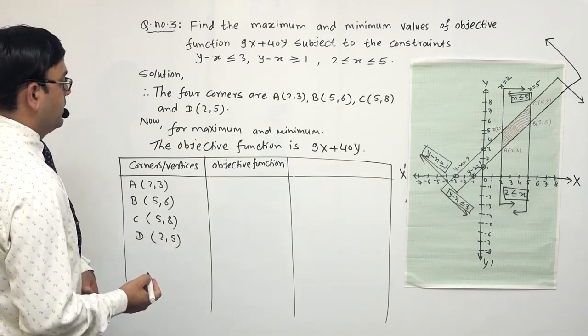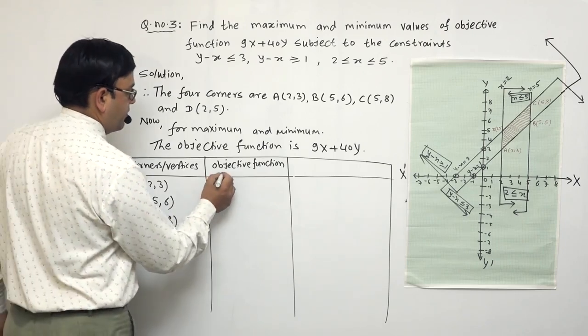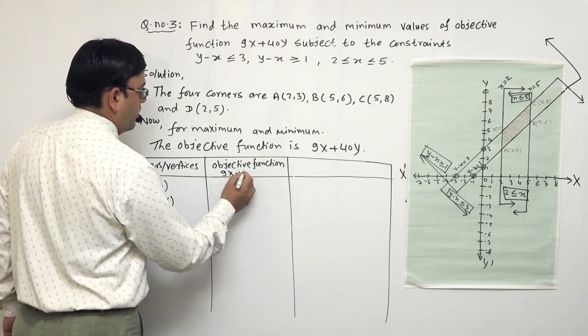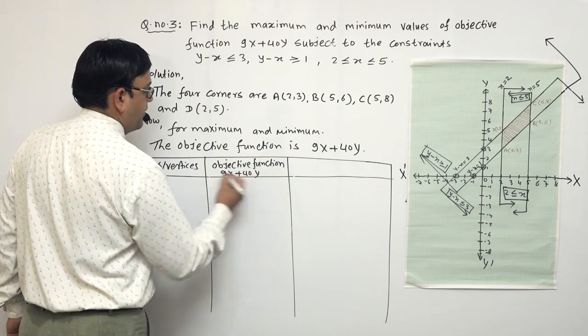Objective function. Our objective function is 9x plus 40y.